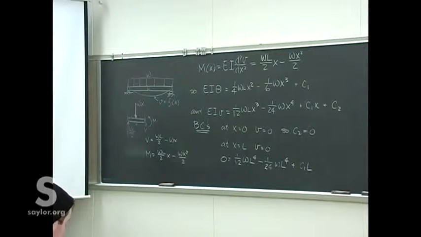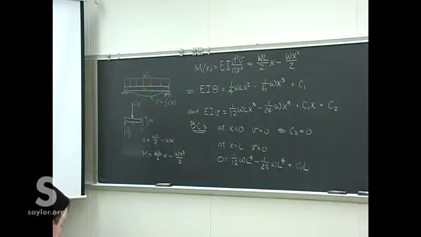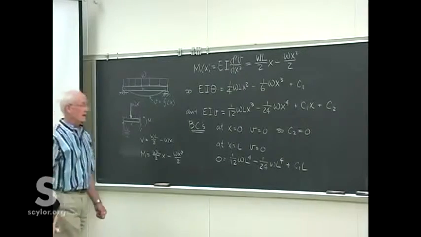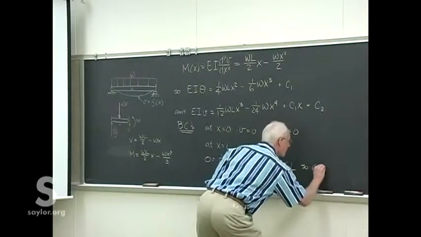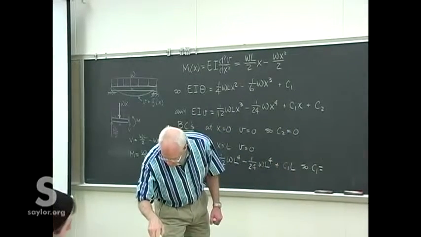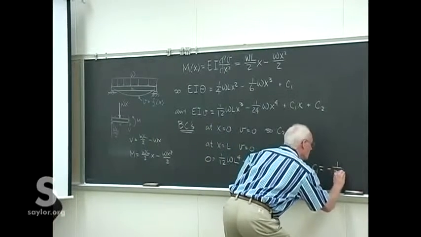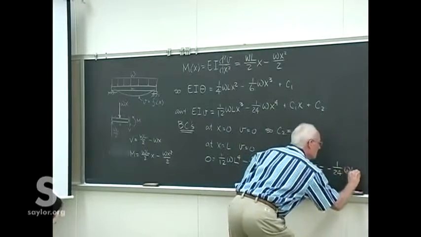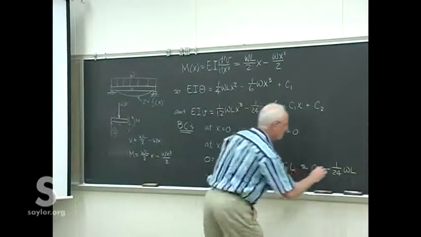Is that right? I don't think I missed anything. So good, you can solve for C1 then. And C1 is minus 1/24 WL cubed.